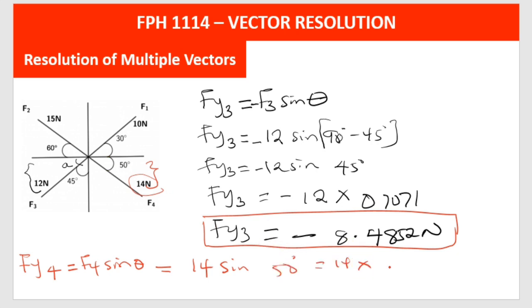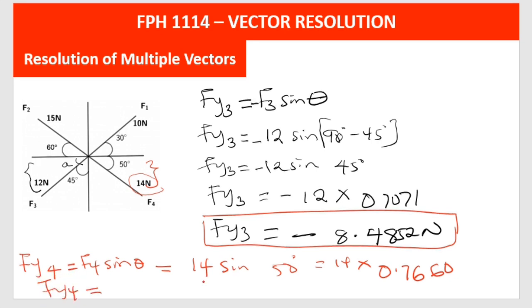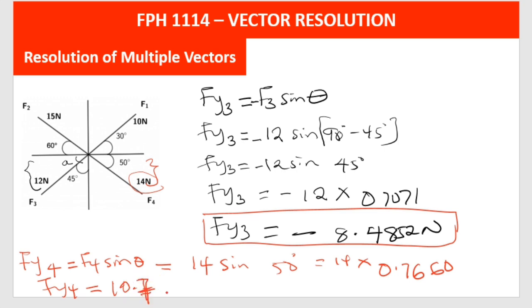Sine 50 is 0.7660, so Fy4 becomes 14 multiplied by 0.7660, which gives us 10.724 Newton. So that is what we have for the y component.